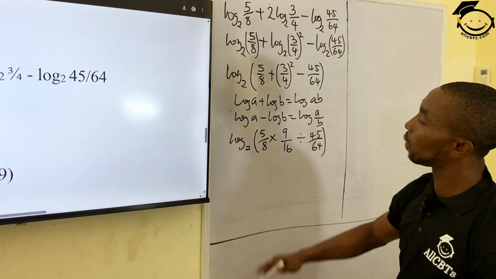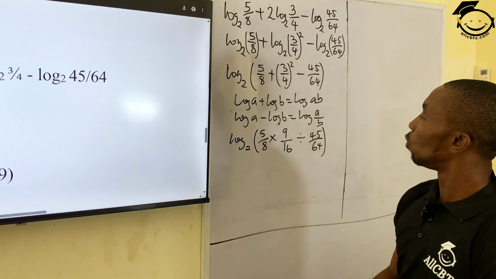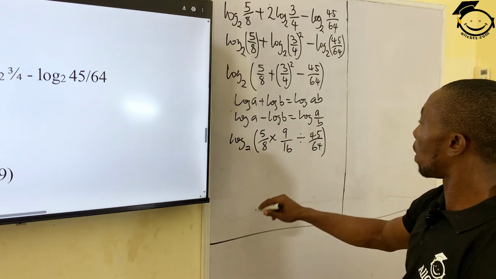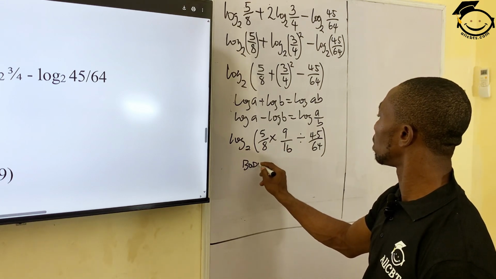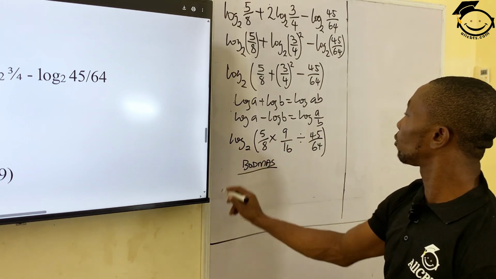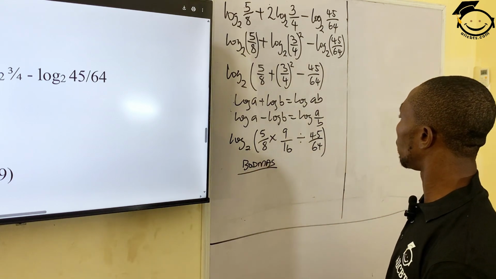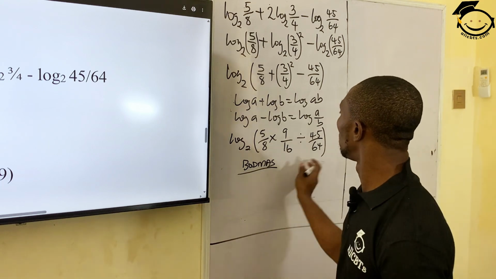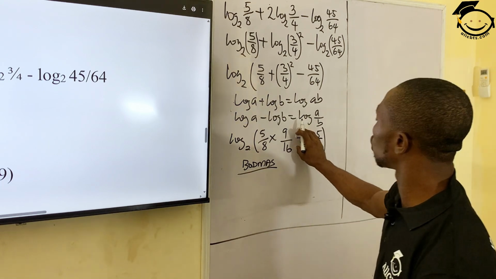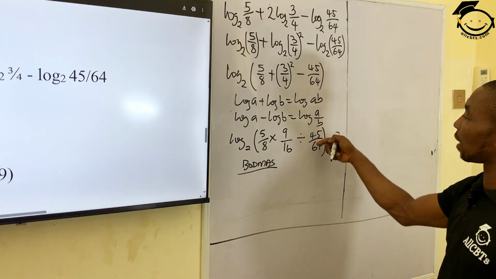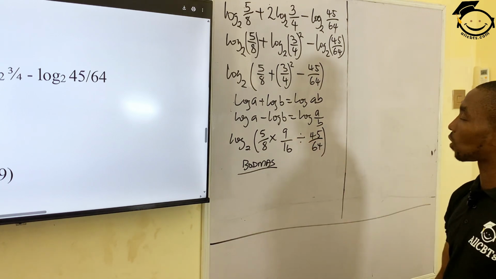Now applying our rule of BODMAS, we have to deal with our division first before we work on multiplication. And we know that if we want to turn this division to multiplication, we take the inverse of this fraction.